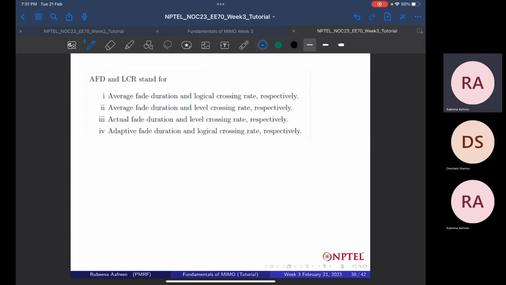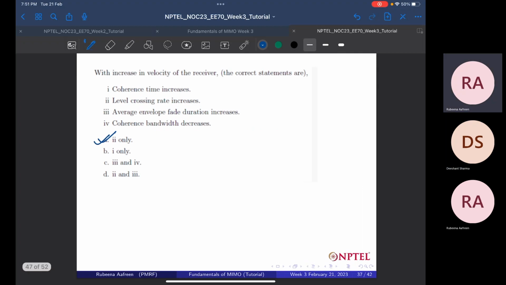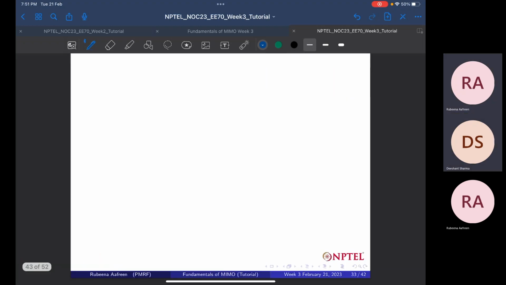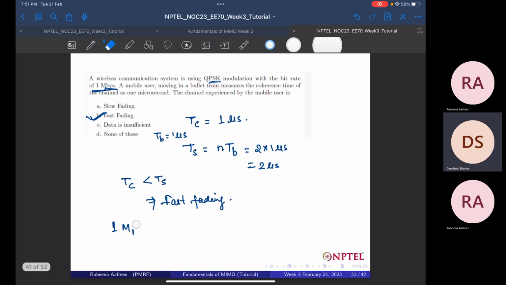Can you just go back to that question on QPSK? Tell me. So in this question, the bit rate is 1 Mbps. So per second, 1 megabit we are transmitting.